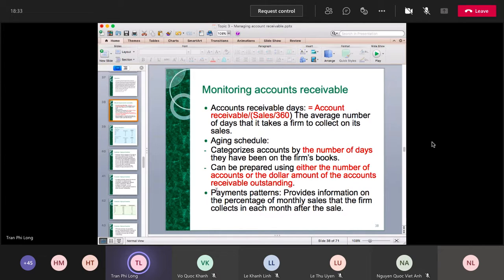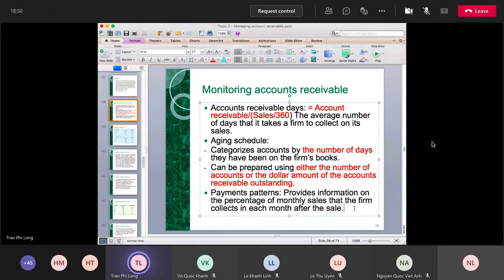And the final tool you can use to monitor the accounts receivable is to examine the payment patterns. The payment patterns will provide information on the percentage of monthly sales that the firm collects in each month.